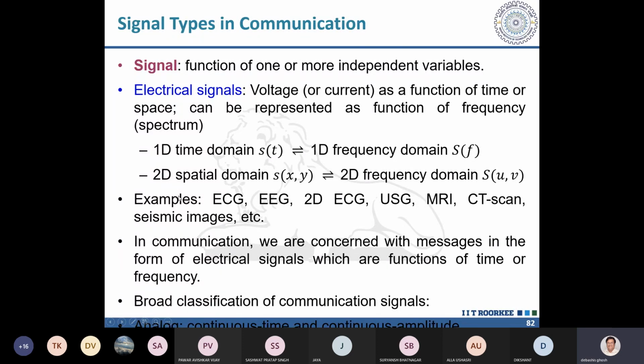Now, the two-dimensional spatial signal, it is called the spatial domain. This is actually when I am taking a picture. When you are taking a picture in your digital camera, whatever the scene is, the scene is actually in space.